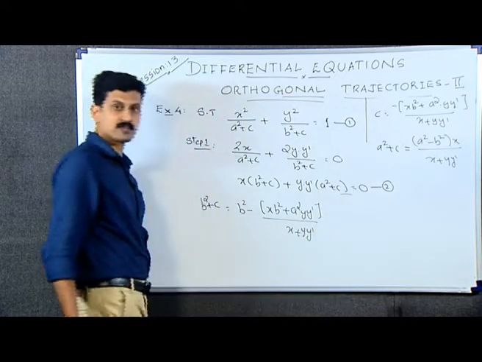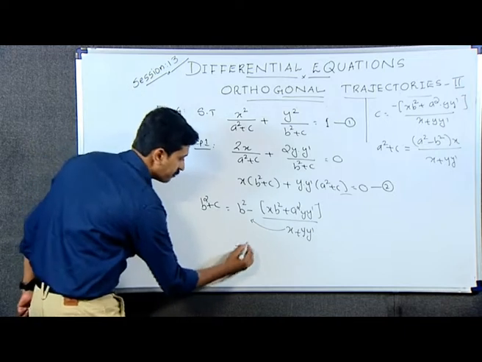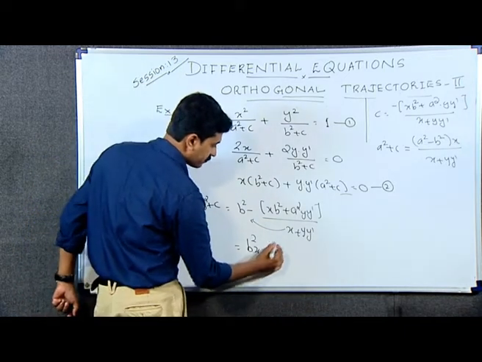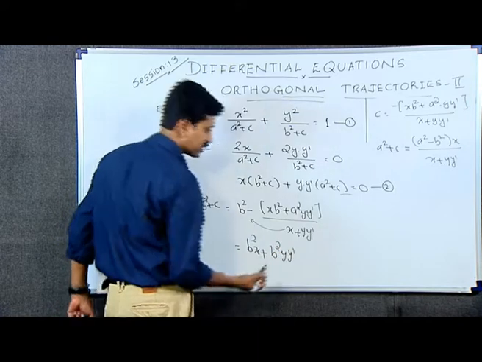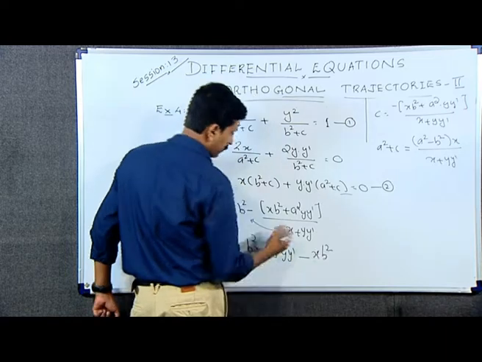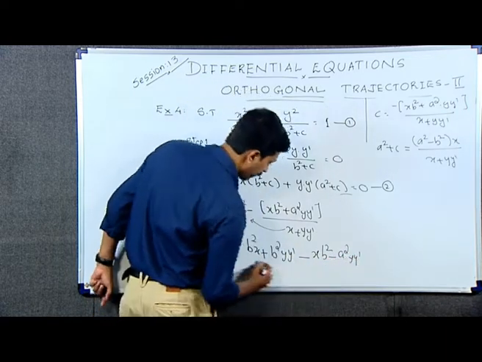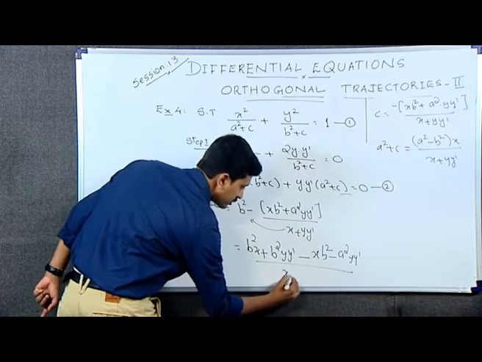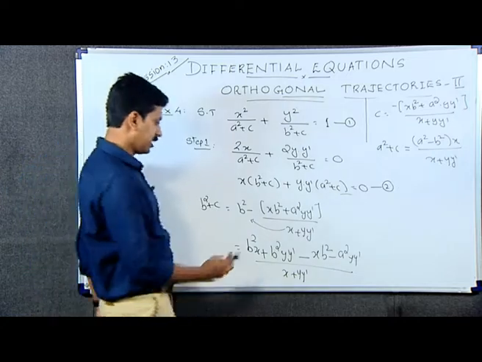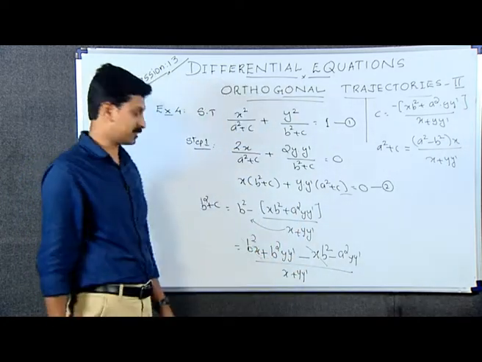So we will have b square x plus b square y y dash minus x b square minus a square y y dash, divided by x plus y y dash. Here we have plus b square x and minus b square x, which cancel.